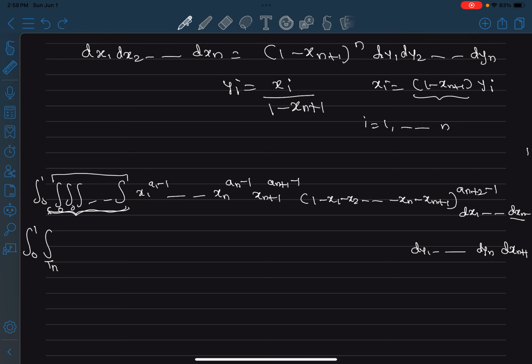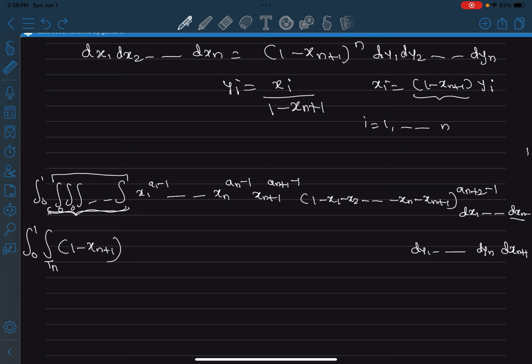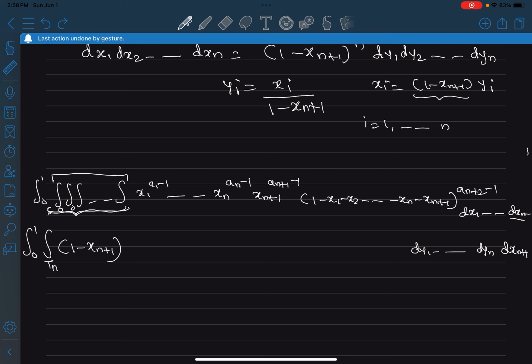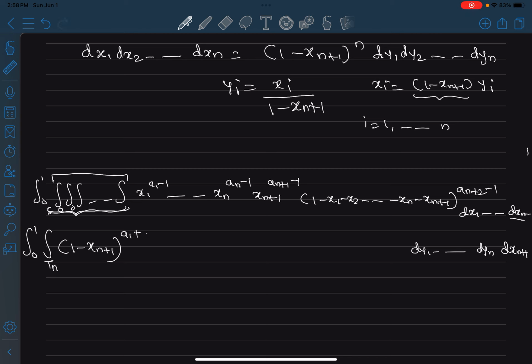If we substitute xi as 1 minus xn plus 1 times yi for each of them, we will have 1 minus xn plus 1, and the powers of all these will be added: a1 through an, and then negative 1 n times, so that will be a1 through an minus n. Then we will have y1 to the power a1 minus 1, y2 to the power a2 minus 1, up to yn to the power an minus 1. But this thing, xn plus 1 to the power an plus 1 minus 1, will be as it is, because that's not changed.